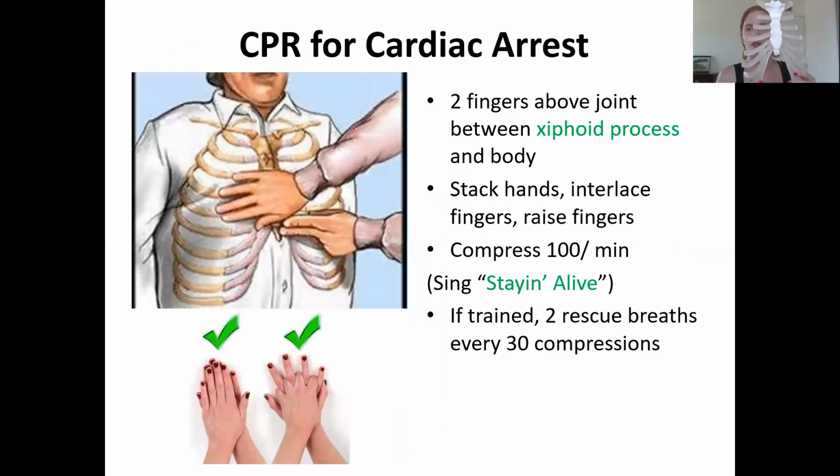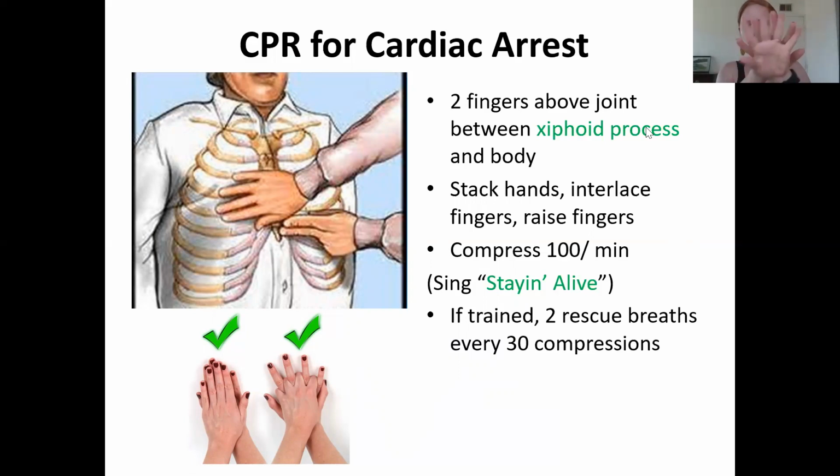Okay, last little piece I want to talk about is CPR. If you do have to do CPR, the most important thing is you really want to get the placement of your hands correct. So your goal is this fat part, this broad part of the body. That's going to be the most substantial part. That's where you want to place your weight when you're doing CPR.